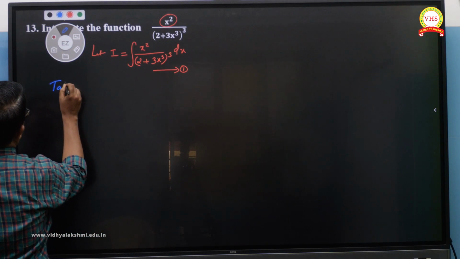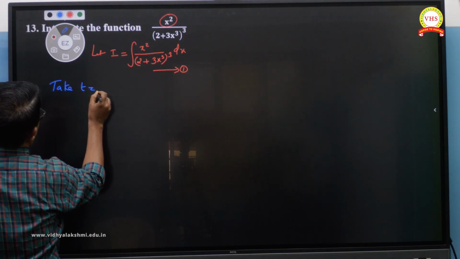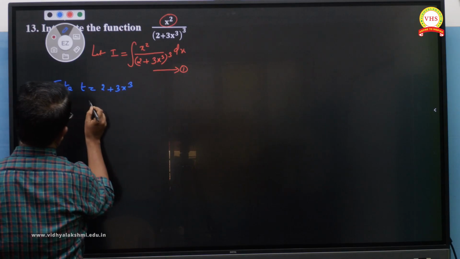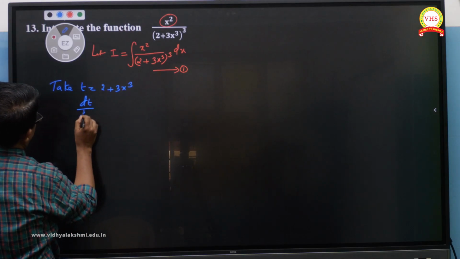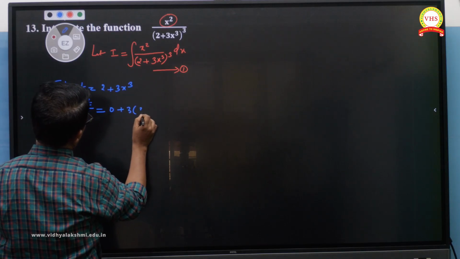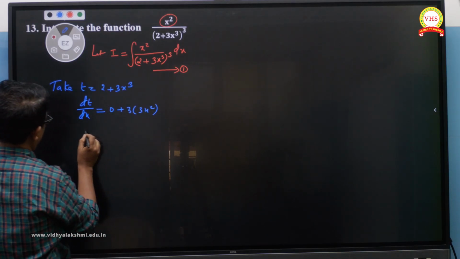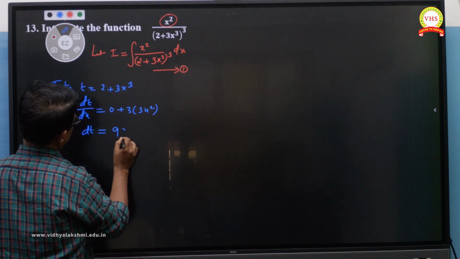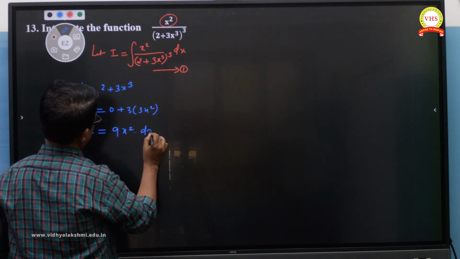Take t equal to the bracket, 2 plus 3x cube. Then dt, differentiating with respect to x, is 0 plus 3 into 3x square, and we need it only in terms of t. That is 9x square into dx.